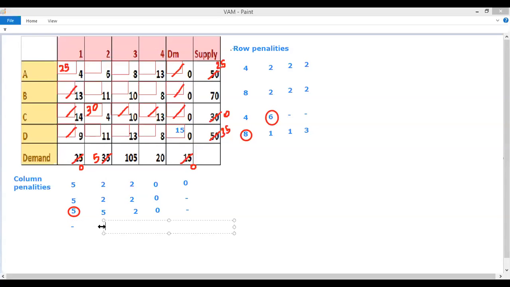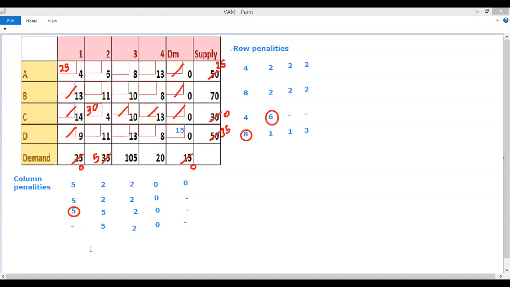And here the first minimum value is 6, the next minimum value is 11, so the penalty will be 5. And here again there will be the same penalty, that is 2. And here it is 0. And here we don't have to compute.